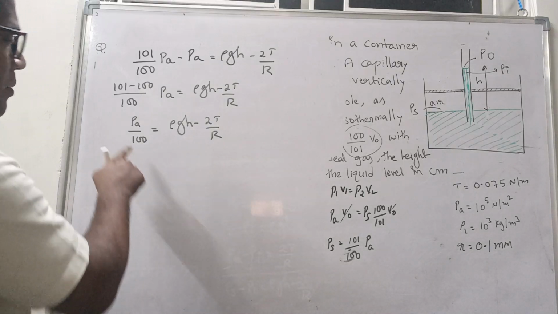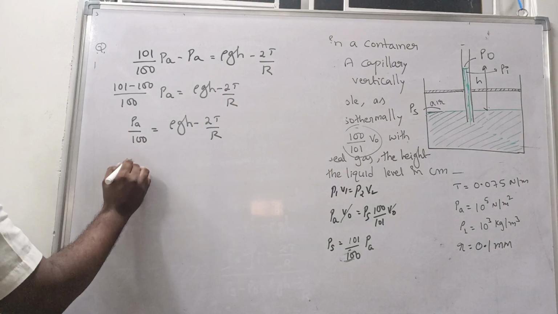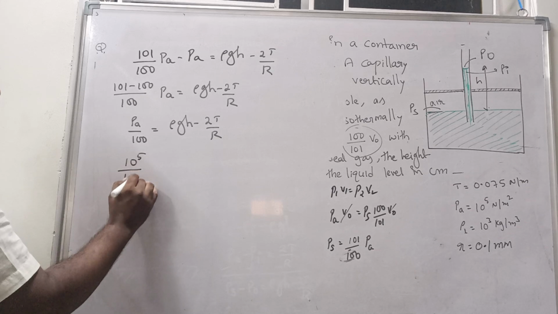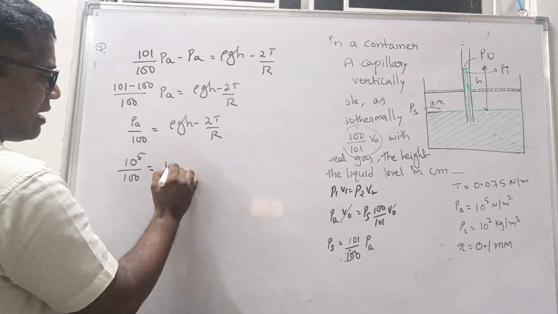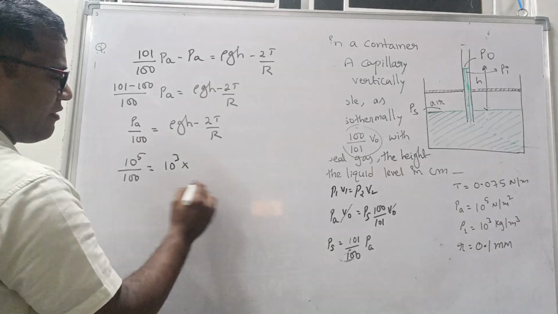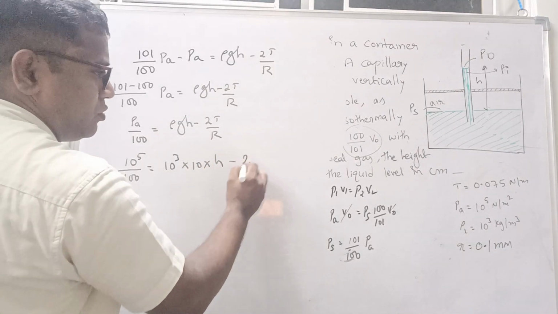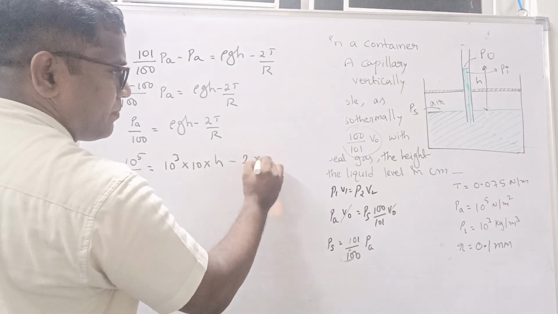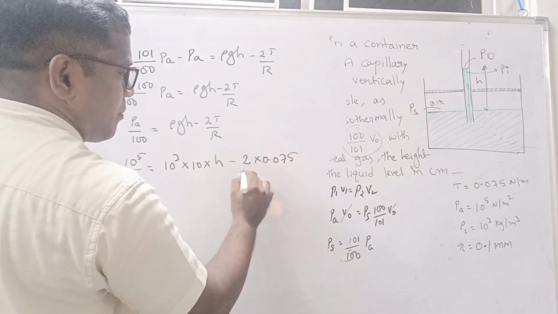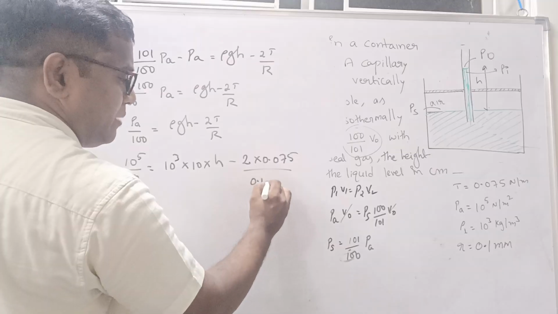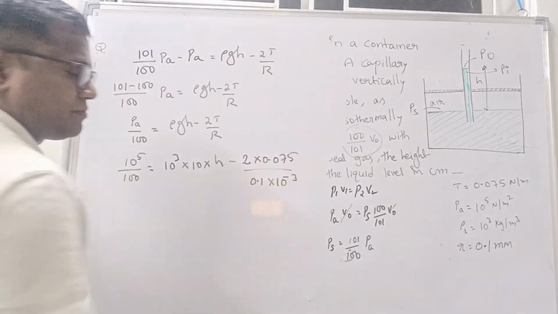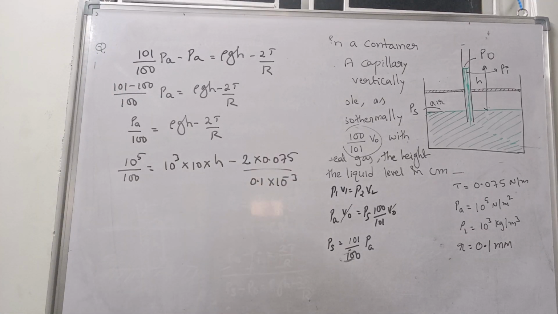So substitute the values. PA value is given, 10 power 5 by 100, which is equal to rho density 10 power 3, G gravity 10, height what we are going to calculate, minus 2T. What is T? T is 0.075, upon R, which is given as 0.1 millimeter, 10 power minus 3 meter. Clear? Now substitute here.